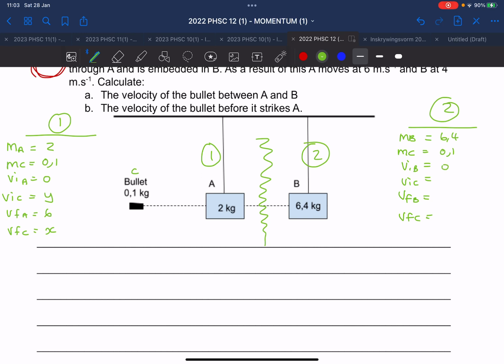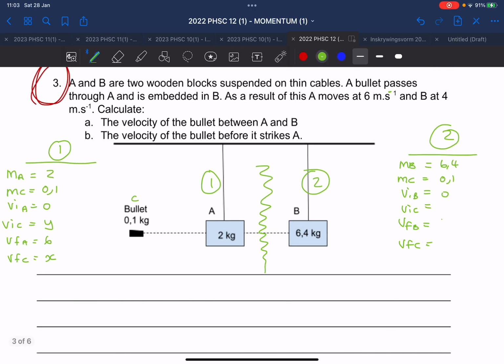The initial velocity of C, the bullet, before it goes into block B, do we know what that is? No, I'm going to leave that open for a moment. The final velocity of B is what? 4. They tell us B moves at 4. What is the final velocity of the bullet? If the bullet has passed through and the bullet is stuck now inside B and B is swinging, what is the velocity of the bullet?